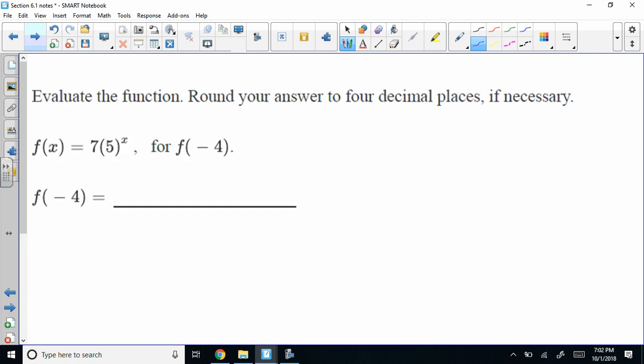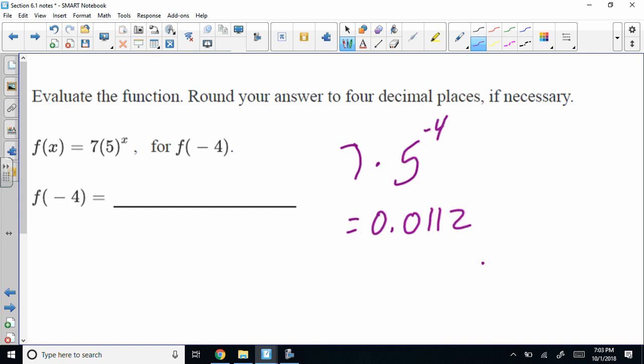Now, let's do some evaluating. If f(x) equals 7 times 5 raised to the x, what's f of negative 4? So it's really 7 times 5 raised to the negative 4, right? If you evaluate that, just a regular chug and plug, you'll get the answer.